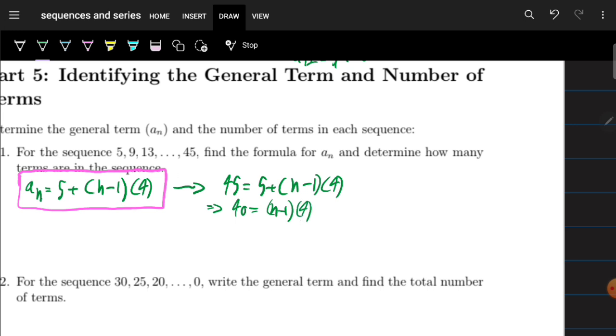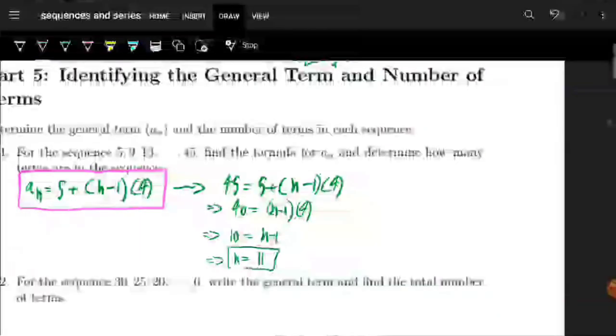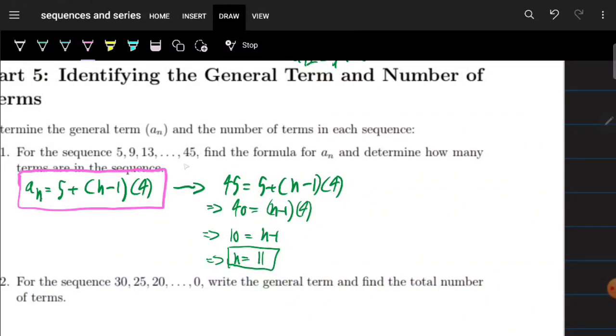Then I can divide by 4 on both sides. That's going to give us 10 is equal to n minus 1, right? Then add 1 to both sides, so we get n is equal to 11. That means 45 is the 11th term, and so there are 11 terms total overall.